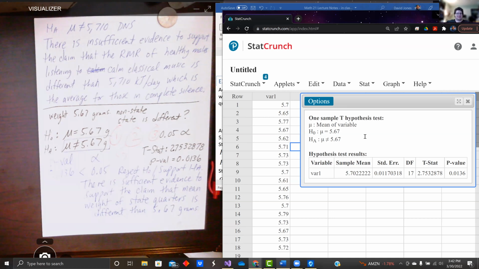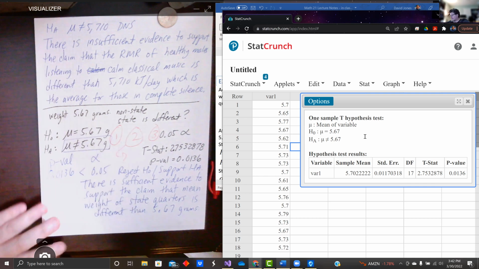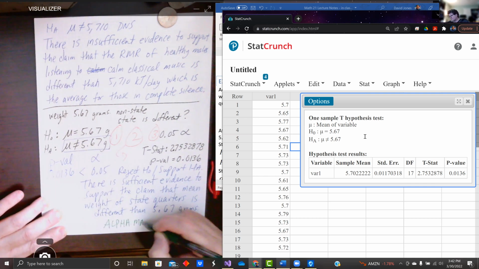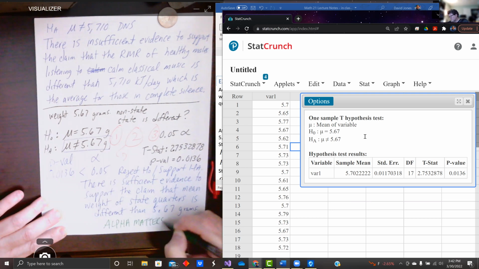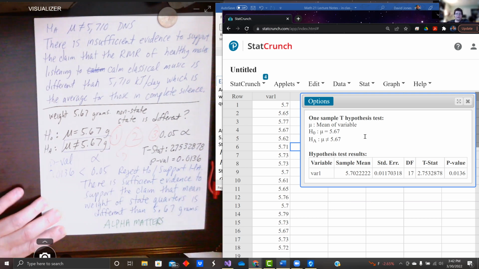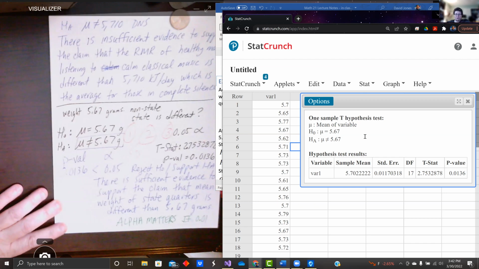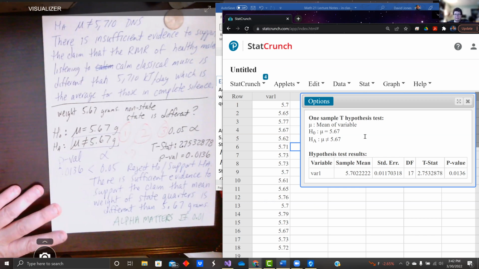Now, I want to point out something. Alpha here matters. If they had wanted to be stricter, if they said 0.01 or a higher level of confidence, our p-value wouldn't have been good enough to reject H naught.